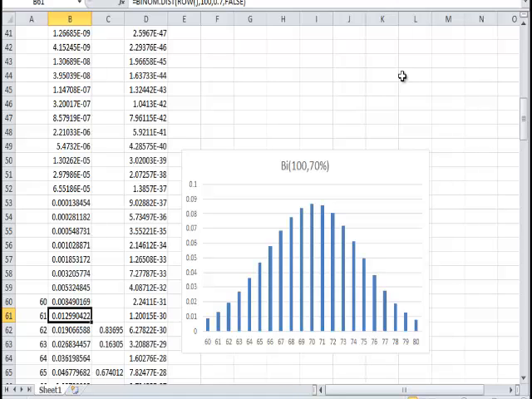1 in 1,000 is at 57, that the number of successes will be between 58 and 78. If I take that on one side, I have to take the same on the other side, so 82 roughly.